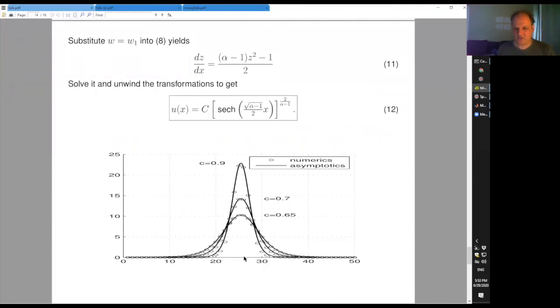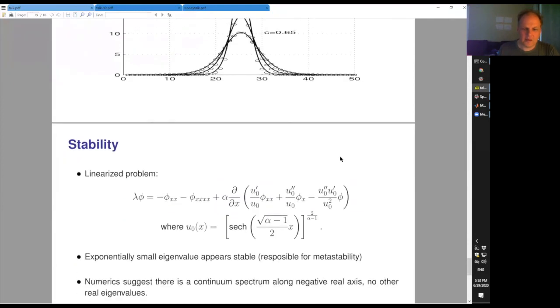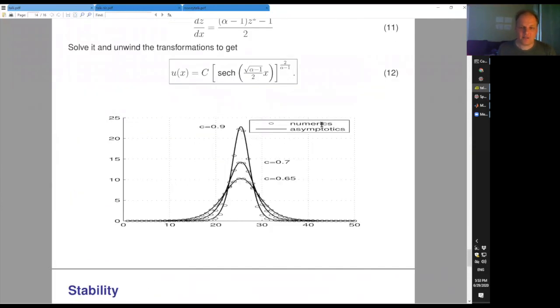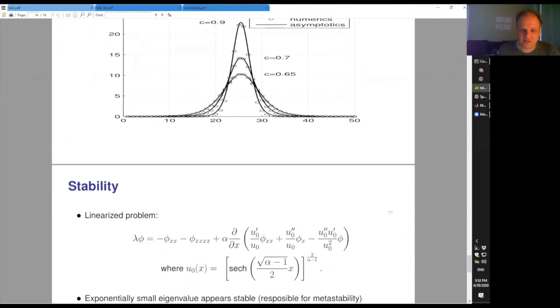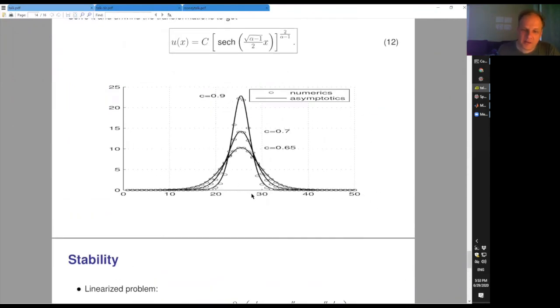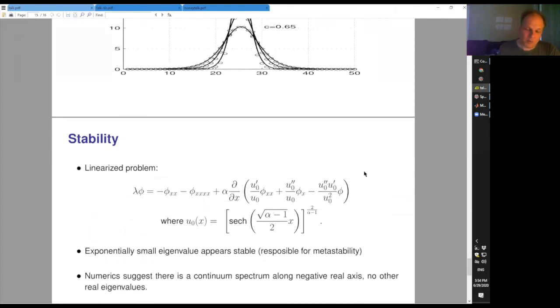When it becomes super sharp, then it kind of loses its continuity, right? It becomes a little bit discrete here. But even then, it works surprisingly well. Okay, so we actually have this explicit solution to this steady state that describes the profile and the extent of this aggregation. So what more can you say?